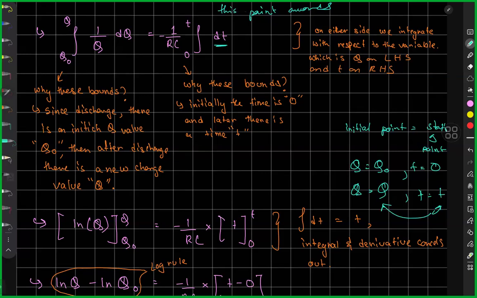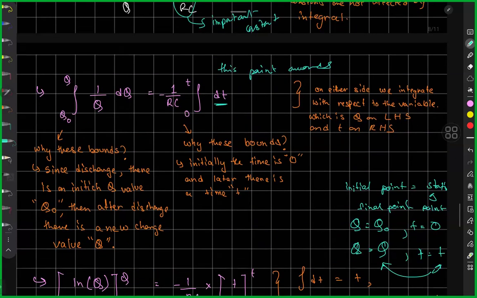That's why the lower limit is Q naught and time 0, and the upper limit is Q and time T.